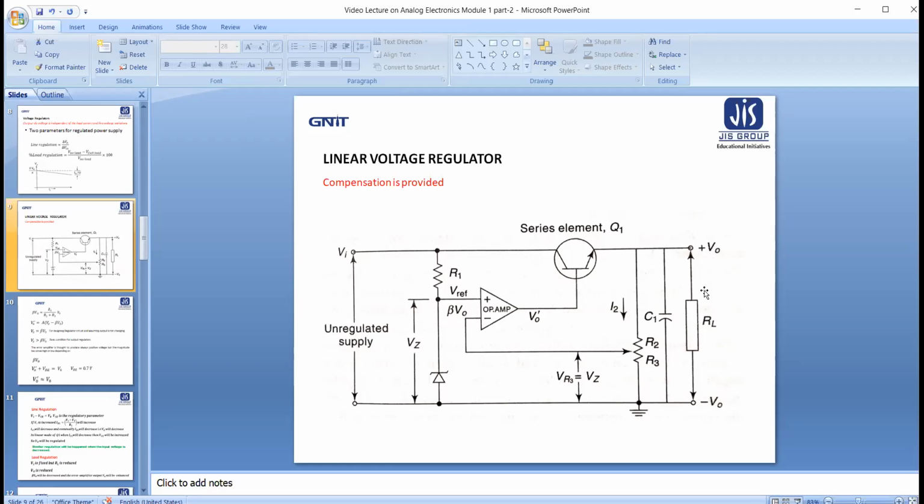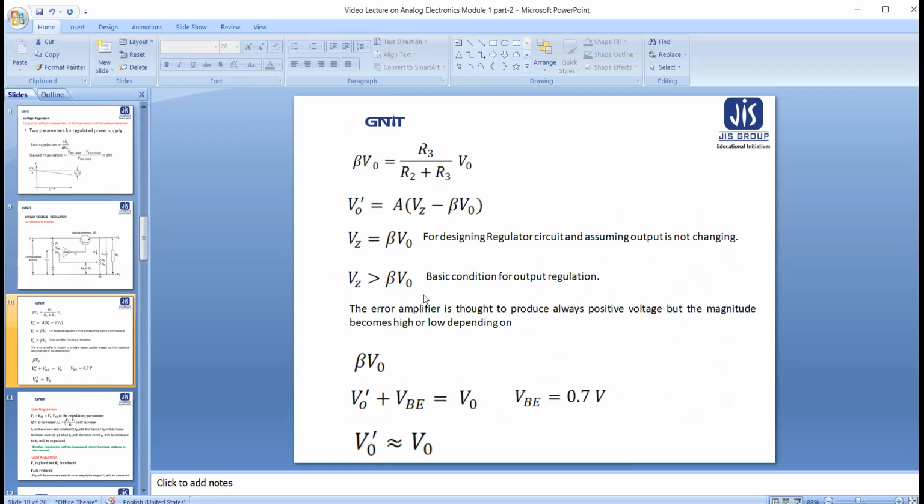What is the output voltage? It is a set voltage. It will not be changed. But if Vz is greater than beta V0, somehow due to the line voltage or the load resistance, the V0 will be changed.